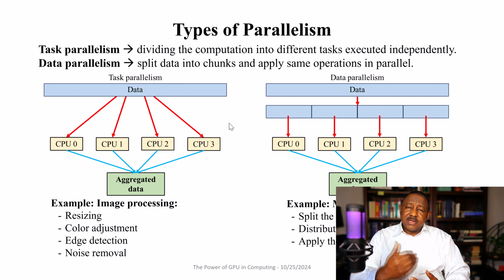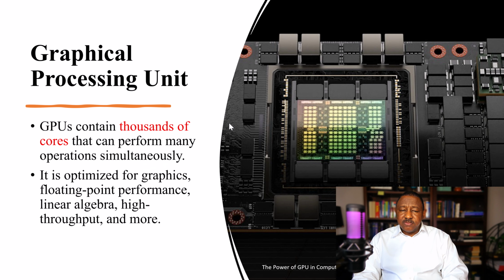In the case of data parallelism, we need to divide or split the data into chunks and then process it simultaneously. So there are different strategies, but most of the time we may use both strategies at the same time. These are the types of parallelism that we are using.